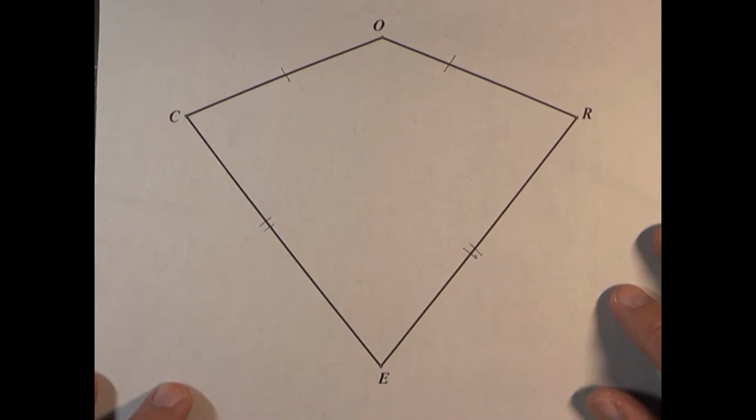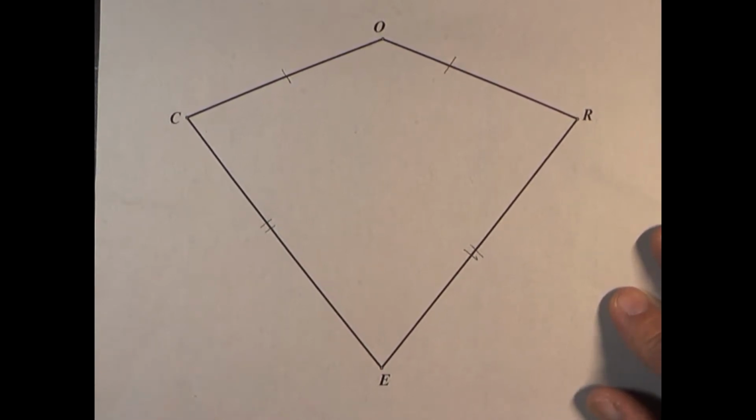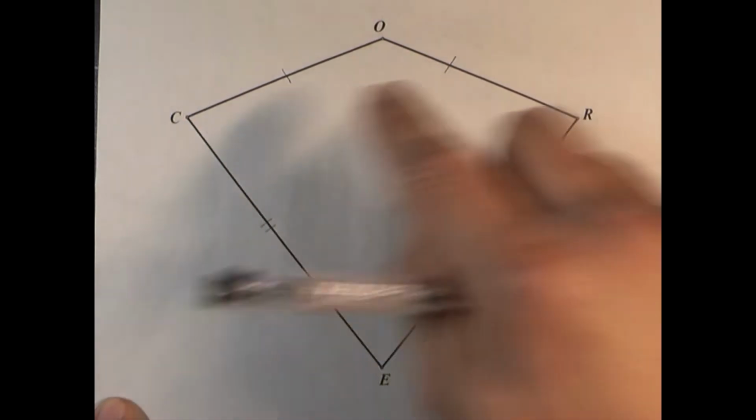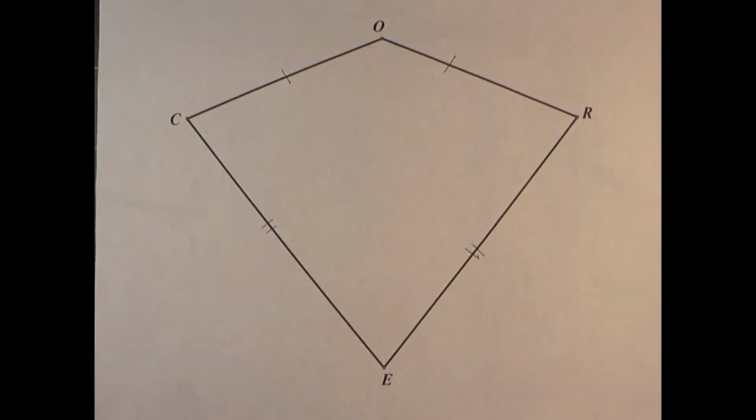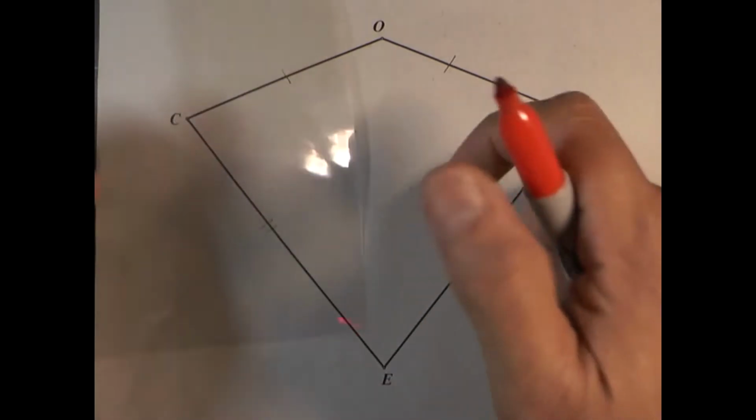Let's take a look at the non-vertex angles. Angle C and angle R. It seems congruent. Let's check.